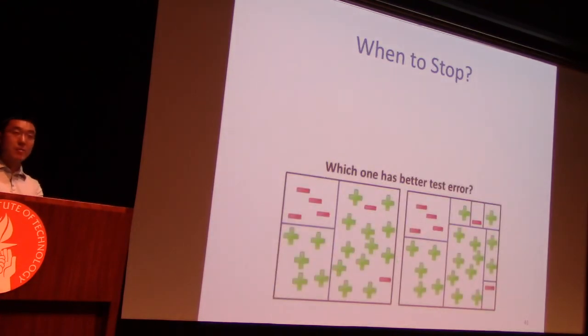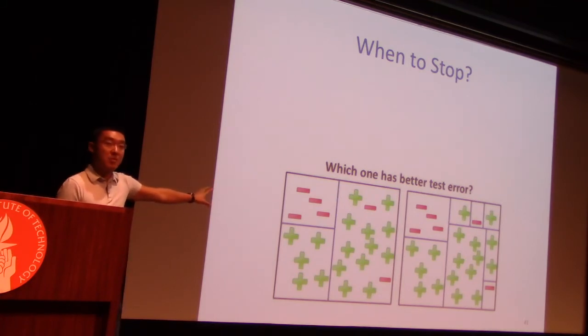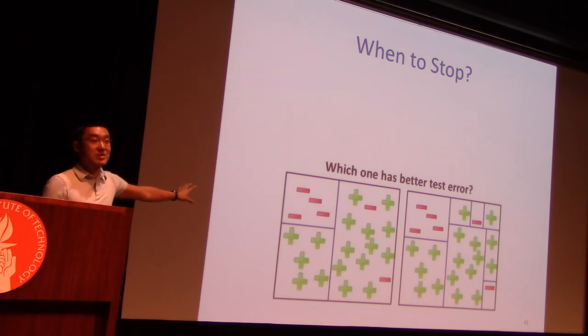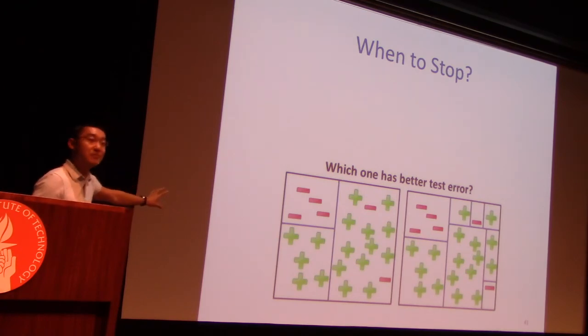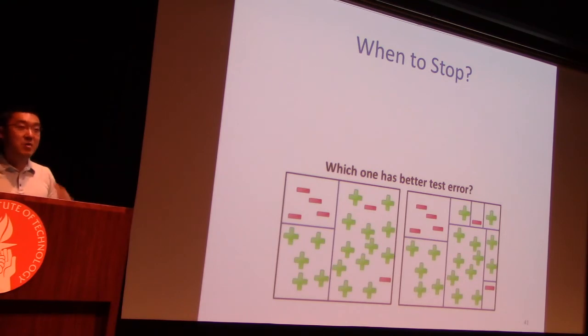Okay, now let's talk about when to stop. Obviously, I can split this data ad nauseam, where every leaf node has exactly 1 training example, and I would get 100% training accuracy. That's possible. Obviously, we don't want to do that. I think we all have an intuition that that would overfit to the training set.